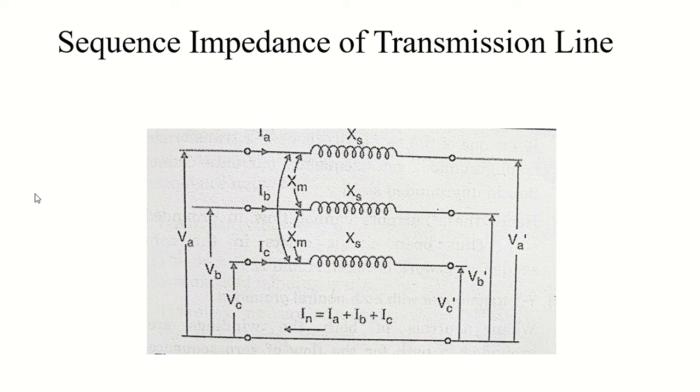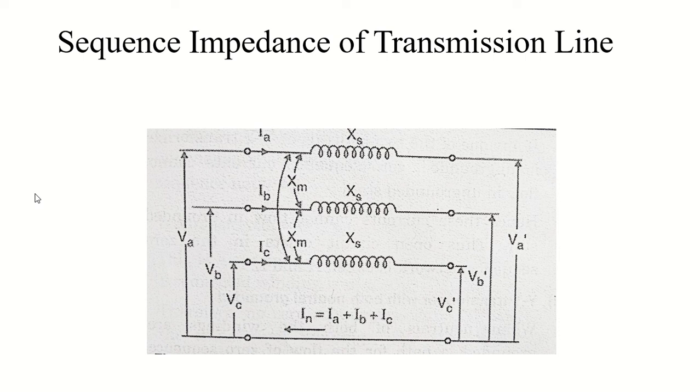This figure shows a three-phase transmission line which is fully transposed and carrying unbalanced currents. Phase A has current Ia, phase B has Ib, phase C has Ic.